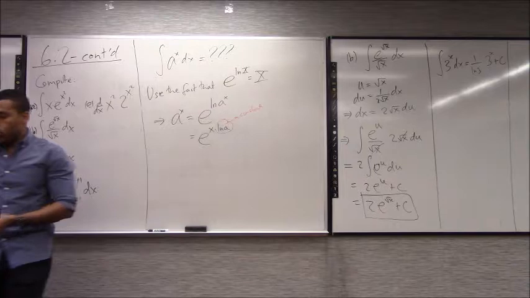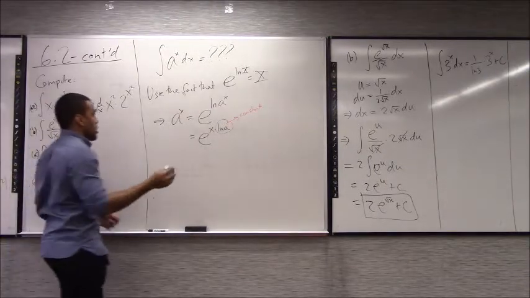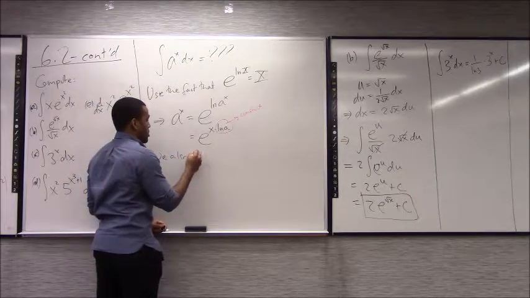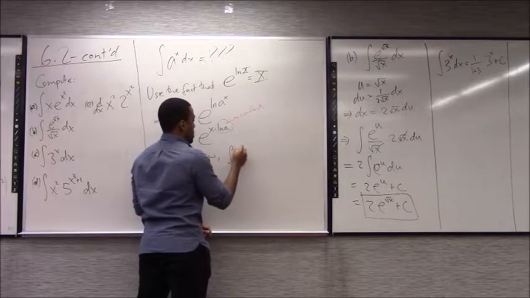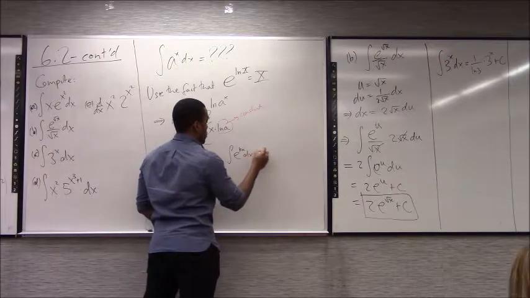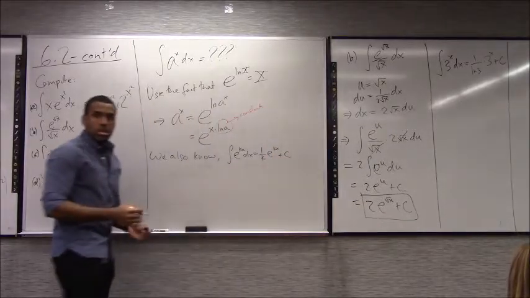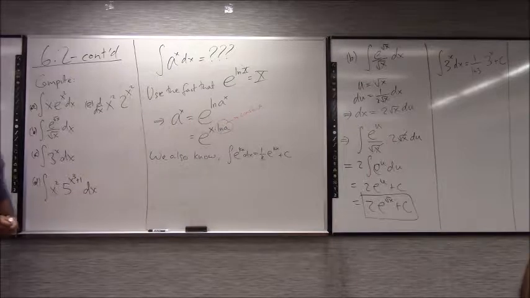And we actually know how to find the integral of a constant times x. The integral of e to the kx dx is 1 over k e to the kx plus c. So in this case, my k is actually ln of a.